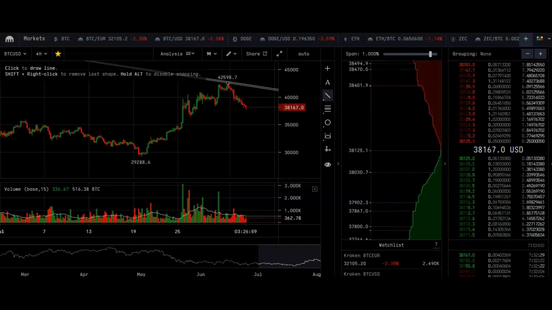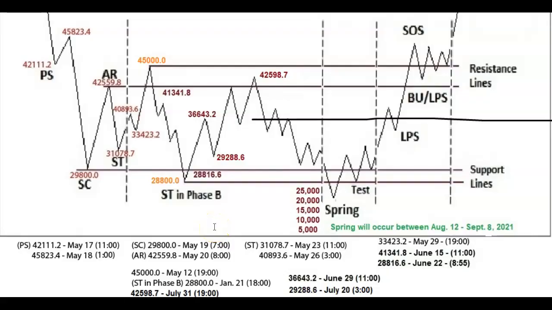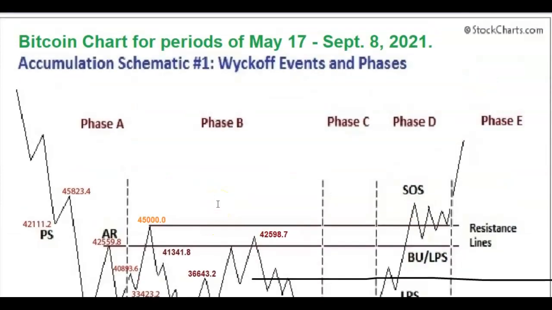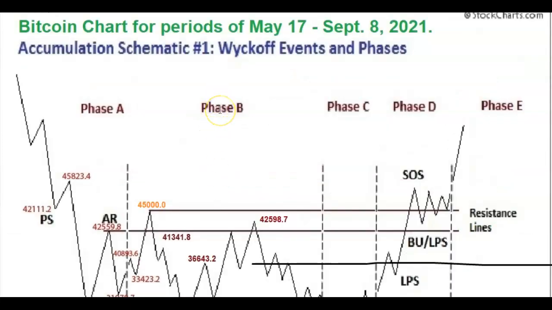And I sort of want to show you where we are on the chart, and that I believe we are now headed to the spring. So I charted this out from Wyckoff and his distribution or accumulation schematic 1 phase that he was talking about, and this is what I believe we've been in, and that we've been in this phase B for some time.